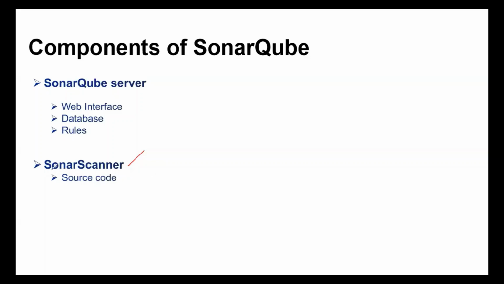So this client component, Sonar Scanner, is installed on the Jenkins server. Ideally, these are the two components we have: a SonarQube server, and the Sonar Scanner, which is the client component of SonarQube.